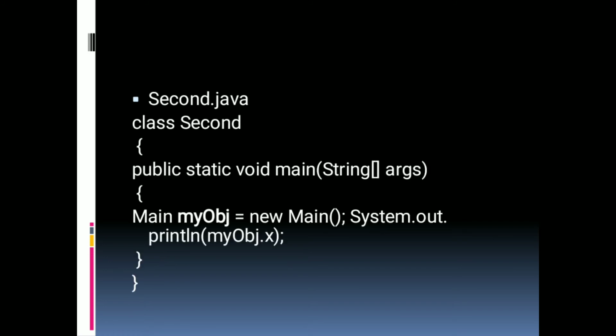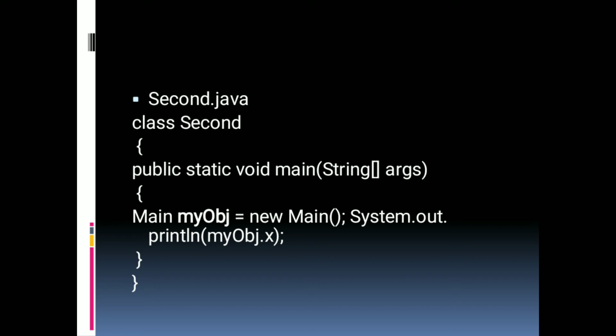In the second file, second.java, public static void main, myObj is equal to new main, System.out.println(myObj.x). Here the object name is myObj.